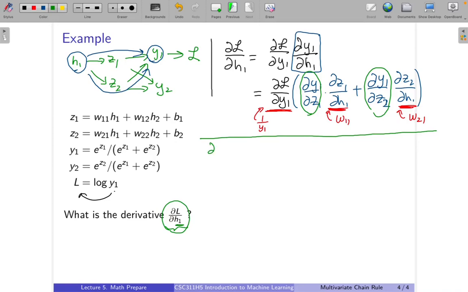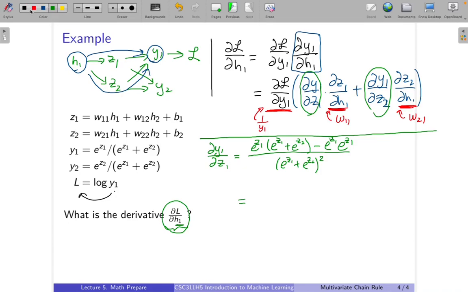First one, the derivative of y1 with respect to z1. We're going to need to use the quotient rule here. The quotient rule tells us that the derivative of a quotient is the derivative of the numerator times the denominator, minus the derivative of the denominator, e to the z1, times the numerator, so e to the z1 again, divided by the denominator squared.